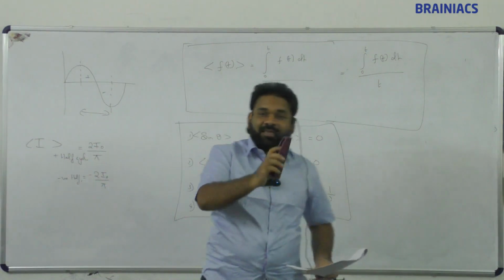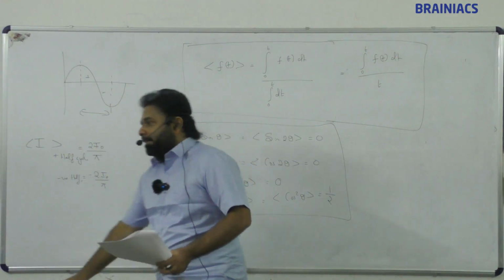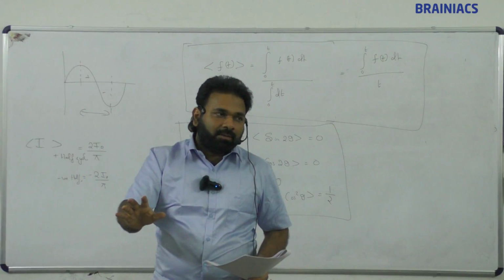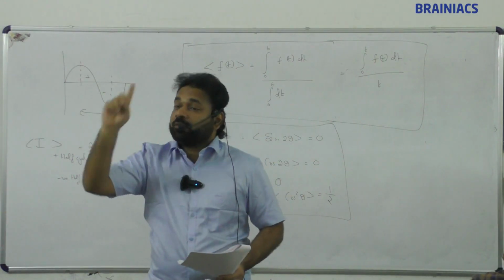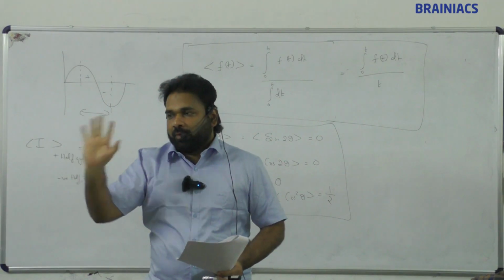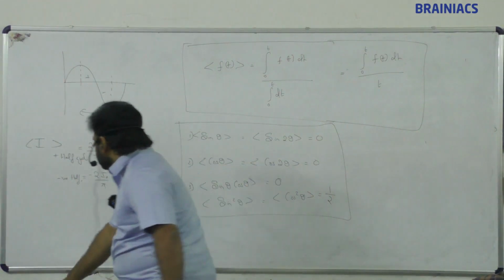Okay, now we will see how to calculate the RMS value. RMS value is nothing but root mean square. First process is square.